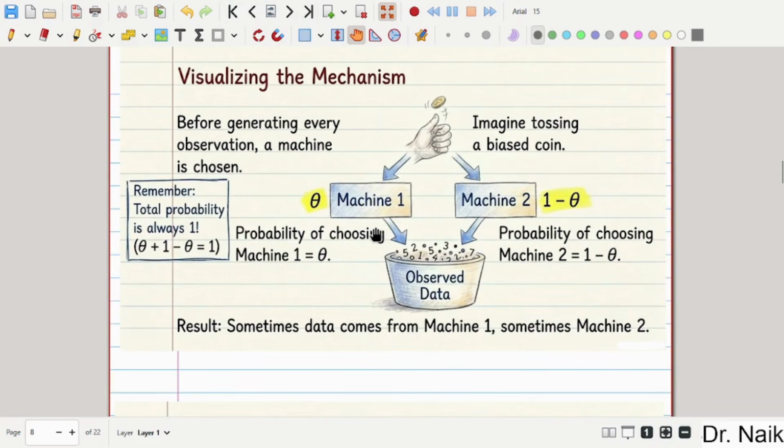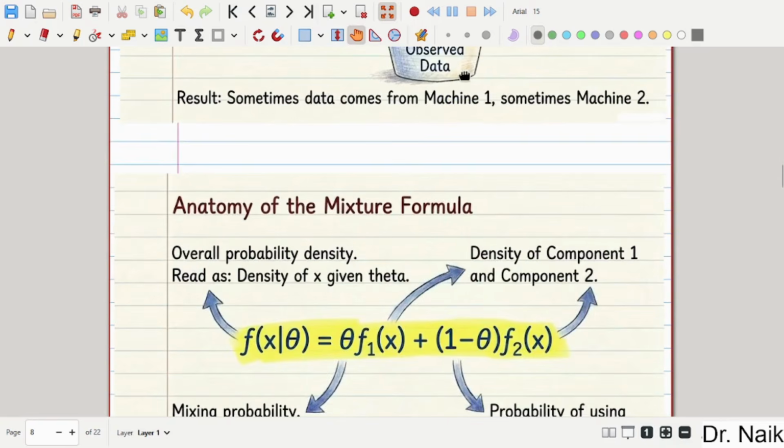Now imagine that before generating, we choose a machine randomly. So we toss a biased coin. The probability of choosing machine 1 is theta and the probability of choosing machine 2 is 1 minus theta. Sometimes data come from machine 1 and sometimes data come from machine 2.